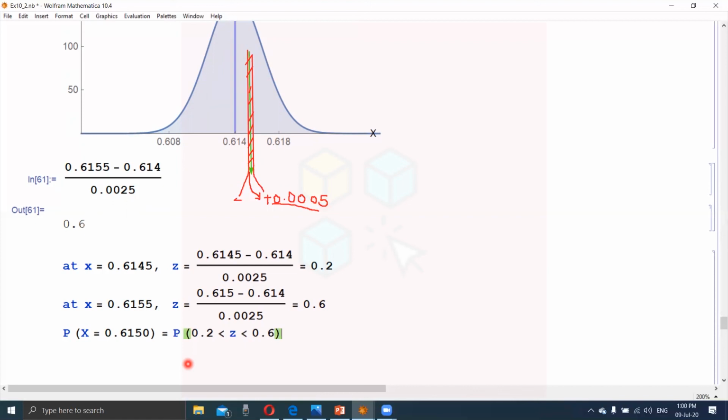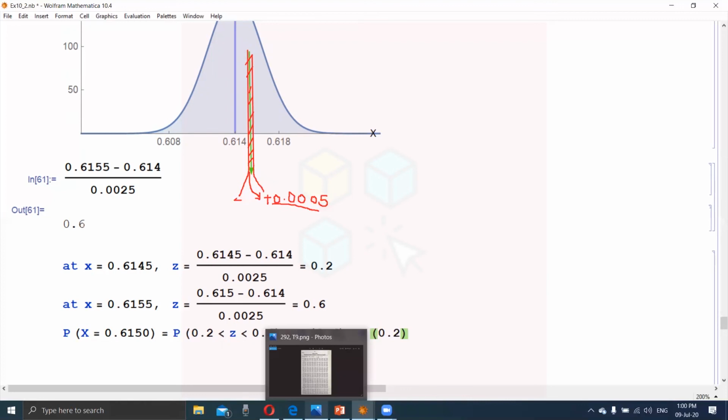Now we will use the theorem and write it phi of b minus phi of a. So phi of 0.6 will come first, and phi of 0.2 will come later. So from the table we can observe these values, write it down here, and then subtracting we can get the final result.